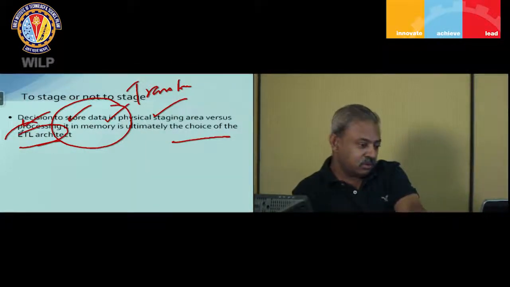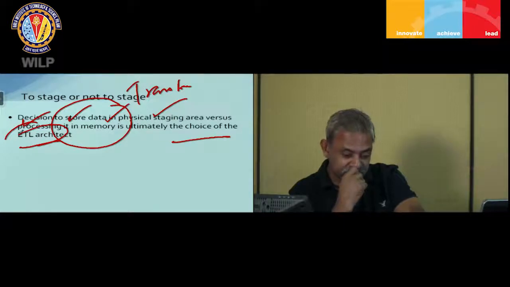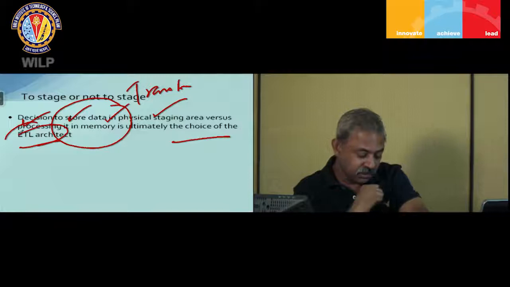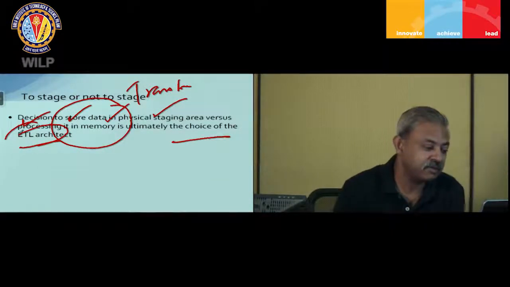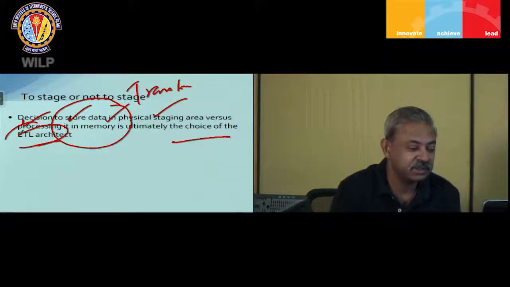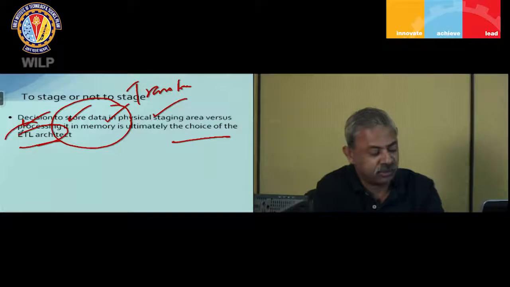To stage or not to stage, this basically is about whether you should use batch mode of processing and try to save your data onto disk. The decision to store data in a physical staging area versus processing it in memory is ultimately the choice of the ETL architect. So it all depends on your requirements.